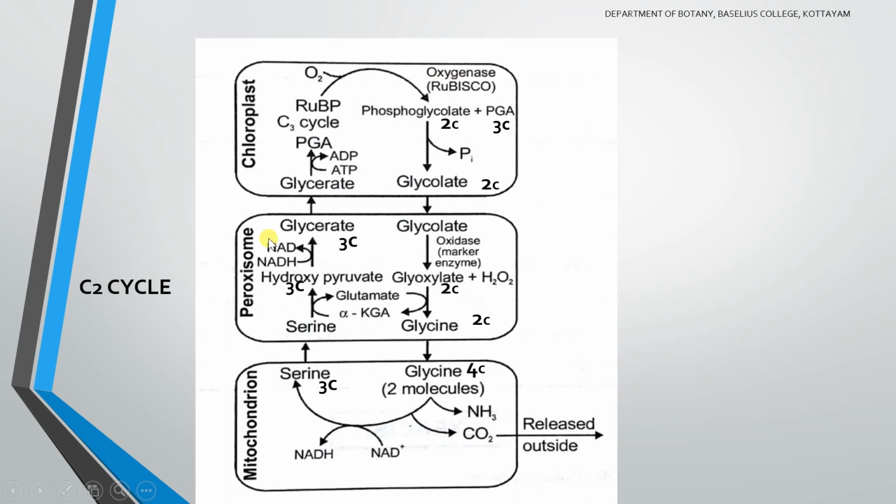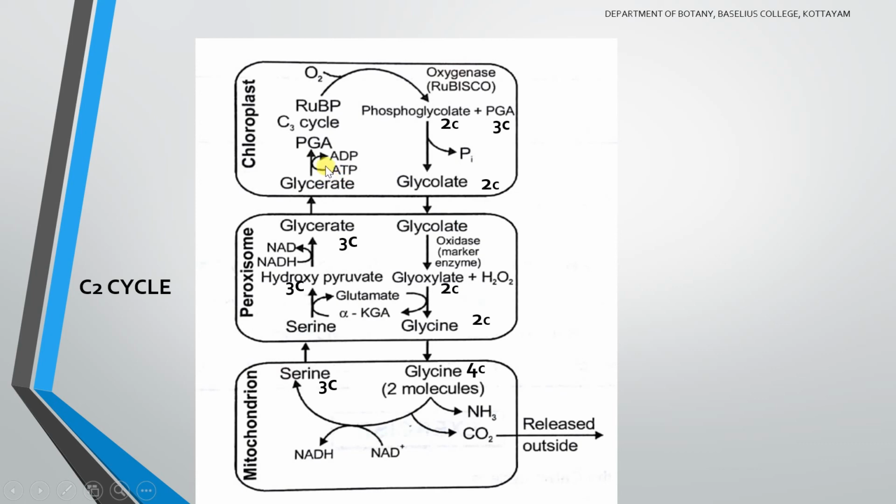So the newly formed glycerate now leaves the peroxisome and enters into the chloroplast. So inside the chloroplast now glycerate is present. So this glycerate next undergoes a phosphorylation process with the help of ATP.